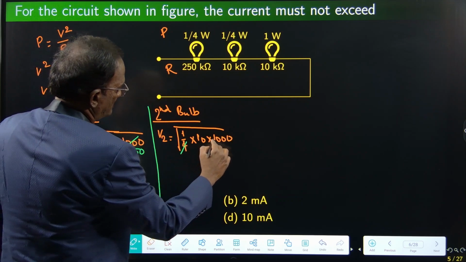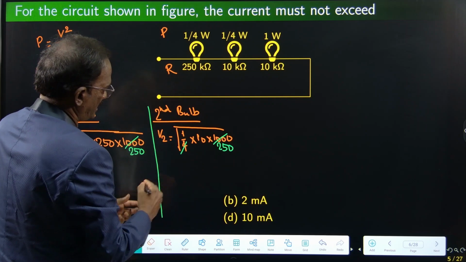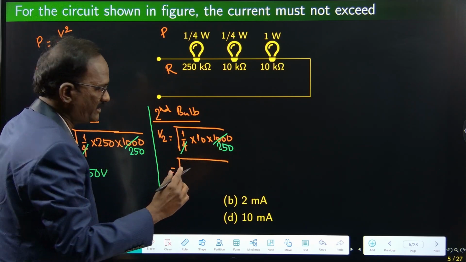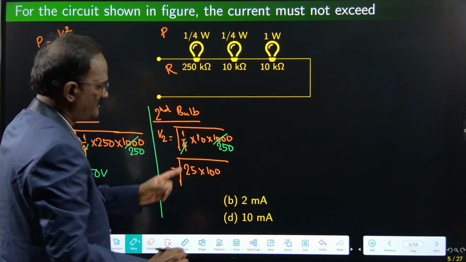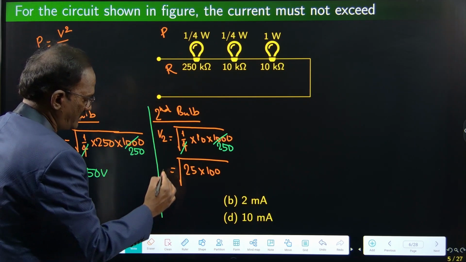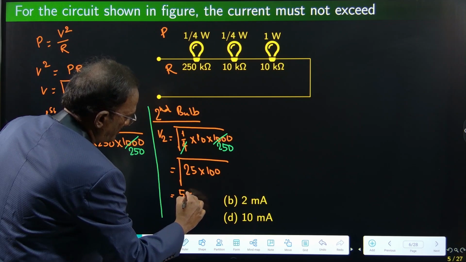Then this is 10 into 250, which can be written as 25 into 100. If we remove the square root, 25 will become 5 and 100 will become 10.